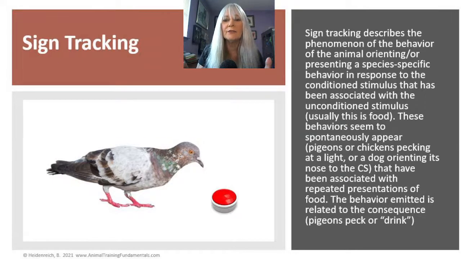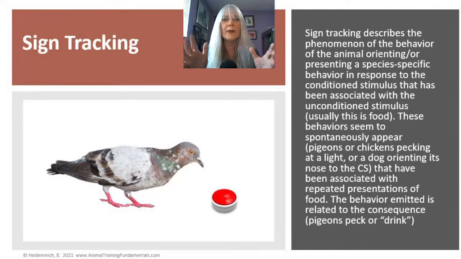Like I said, the behavior seems to appear spontaneously, right? Why didn't they have to shape that pecking? All of a sudden the animal started responding to that signal. And usually that behavioral response seems to be some kind of modal action pattern.